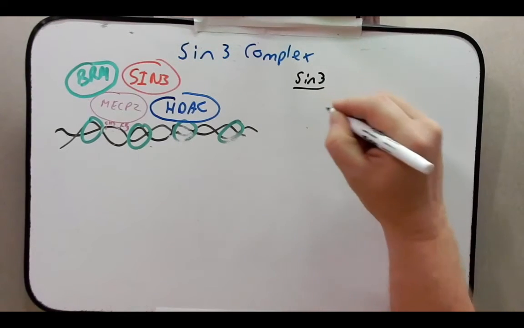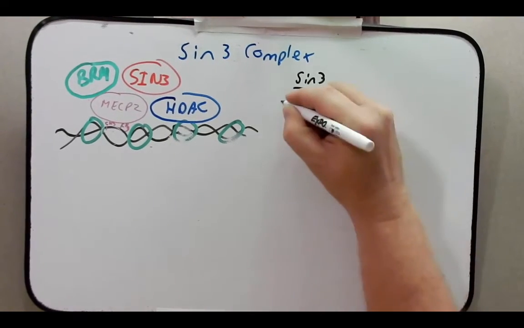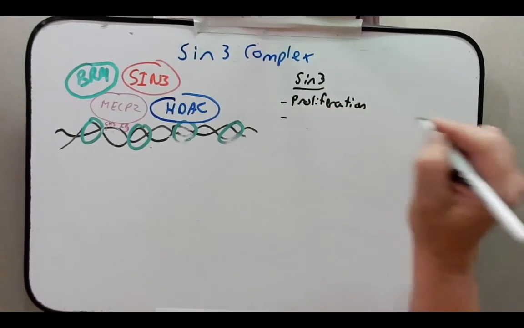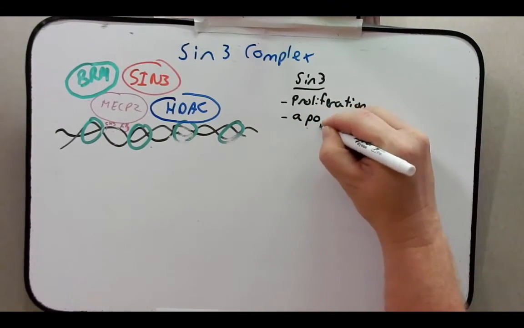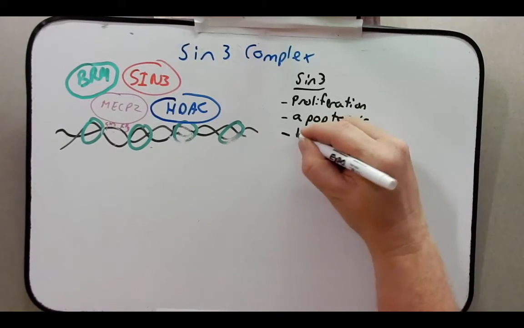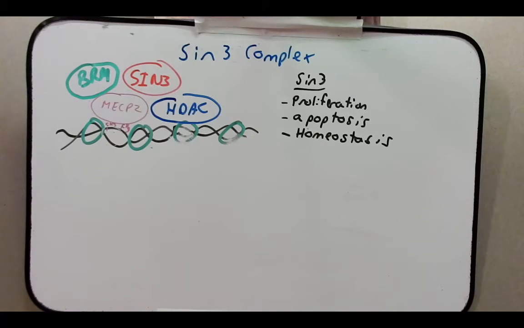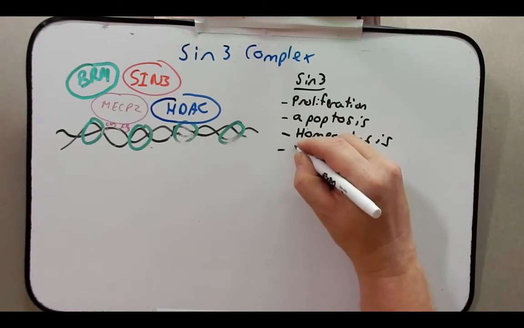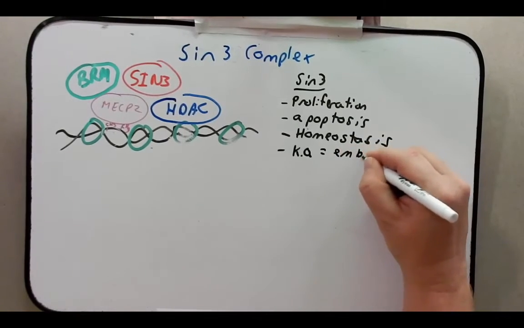SYN3 has a role in proliferation, so it wouldn't be surprising to find out that SYN3 also has a link to cancer, apoptosis as well, and a general sense of maintaining homeostasis. We know it's important because a knockout of SYN3 is embryonic lethal.